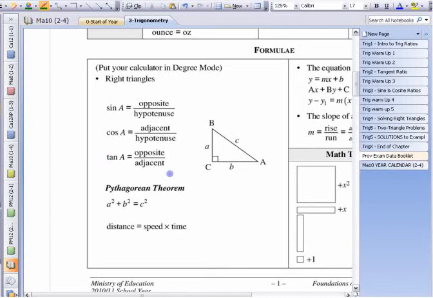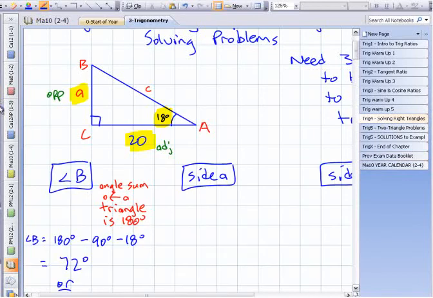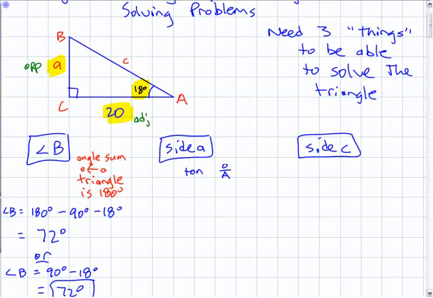So if you're doing that, basically you're starting from that and then working from there, writing an equation from that. If you want, you could write tan is opposite over adjacent. You could write that if it helps you structure the equation properly. Tangent of 18 is A over 20, right?